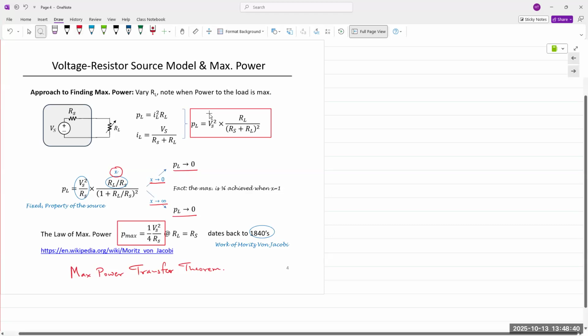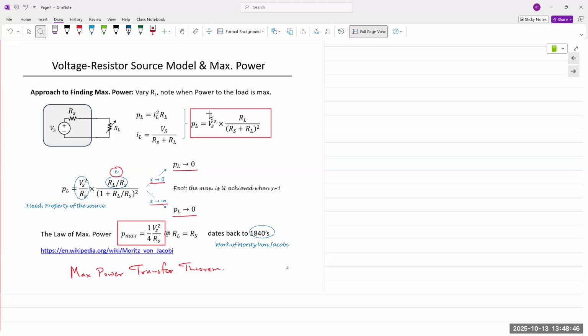Sometimes we want power to be transferred efficiently, especially if we are using any kind of mobile device or electric vehicle, for instance, where our energy storage capacity is finite. And so we do not always want to expend all of that energy, meaning we do not always want maximum power to be transferred out of that battery. We want efficiency also, right?